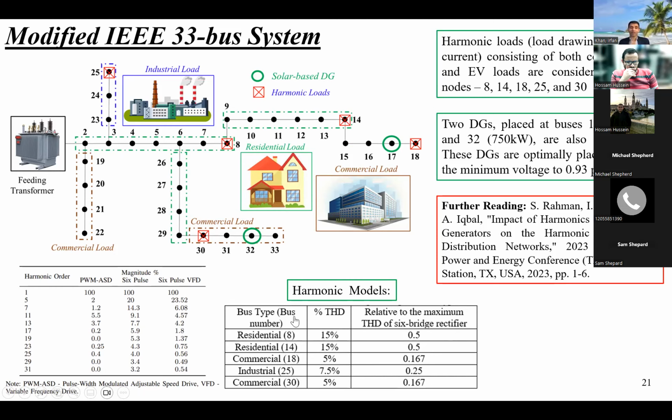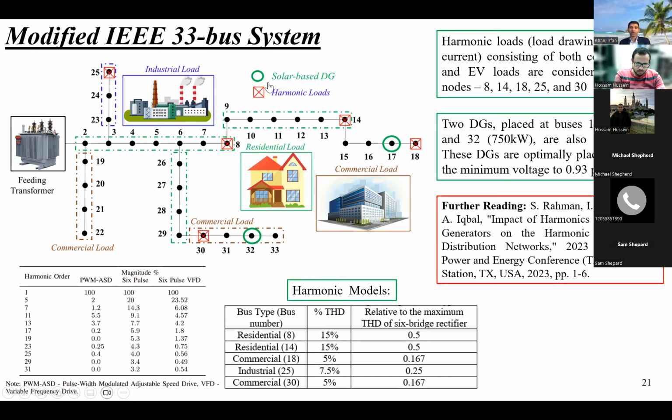We are using the 6 pulse converter, with 15% of load. The total maximum contribution was 30%, so we assume 15% THD and add it to buses 8, 14, 25, and 30. These are the buses with harmonic contribution.